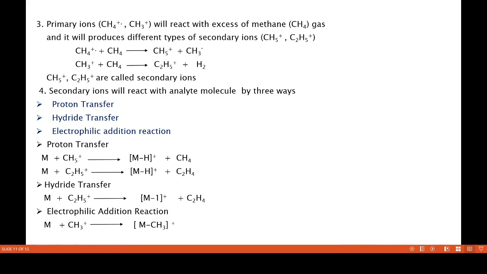Suppose we consider the molecular weight of this analyte compound is 25. Then 25 plus 15 of this primary ion gives 40. So we get the molecular ion peak at 40. This is about the electrophilic addition reaction.